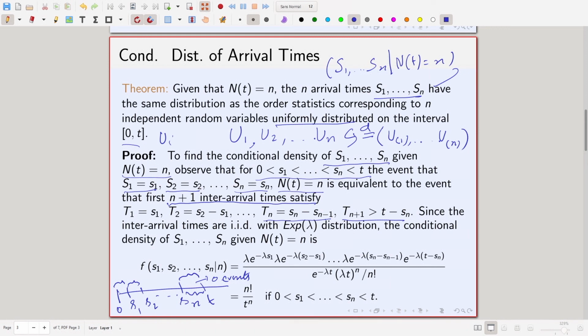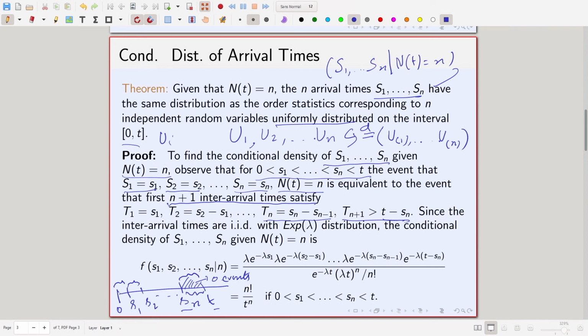That means the n plus first interarrival time is greater than t minus Sn. Remember, the n plus first interarrival time is basically the time between the nth event and the n plus first event. The nth event happened at time Sn, and up to time t the n plus first event has not happened. So the n plus first interarrival time should be greater than t minus Sn.